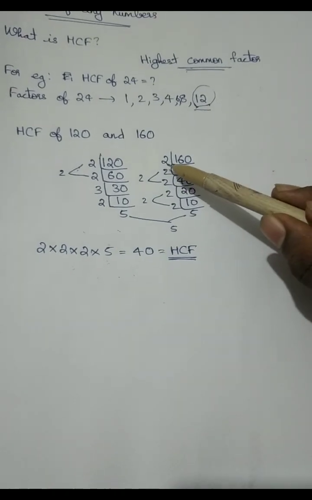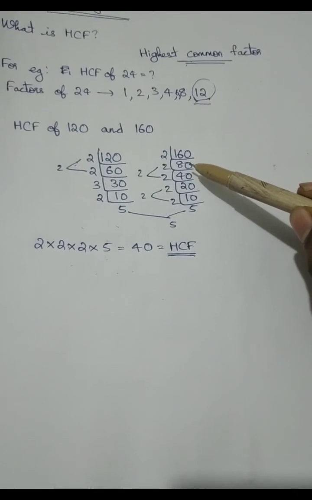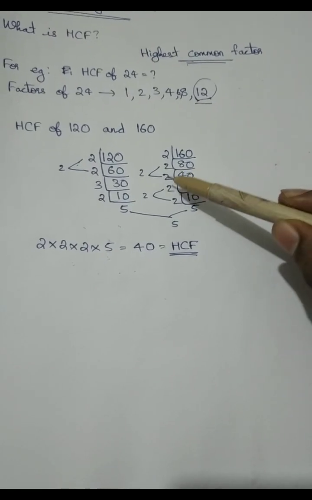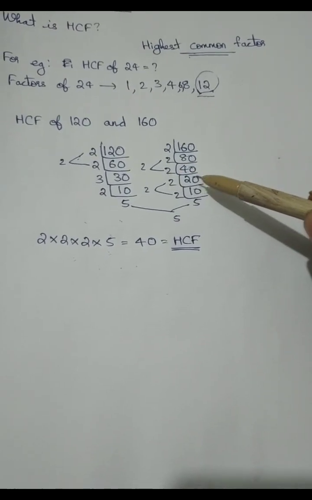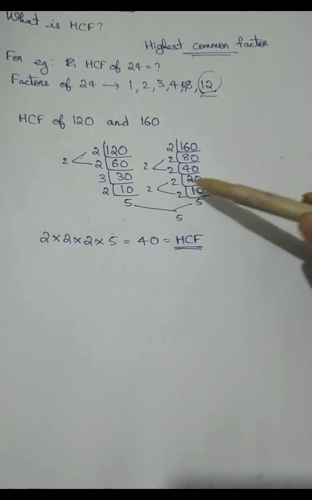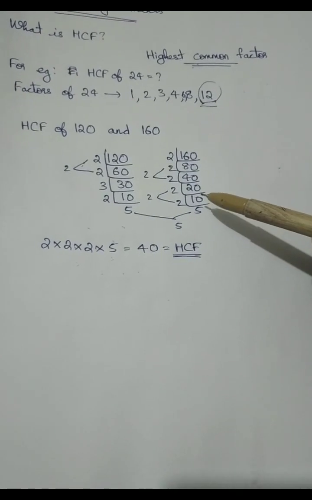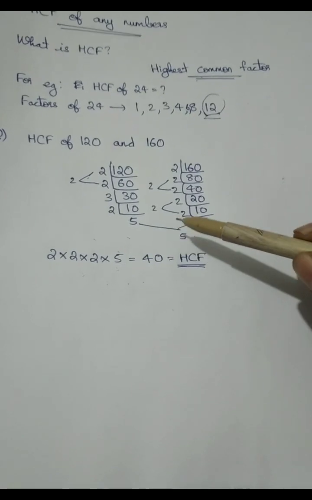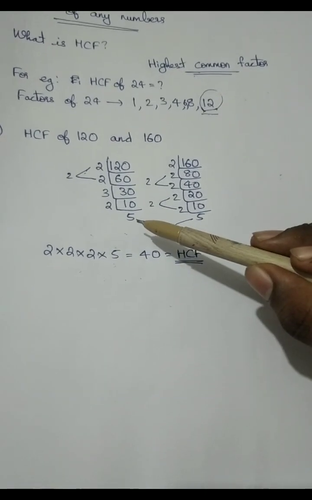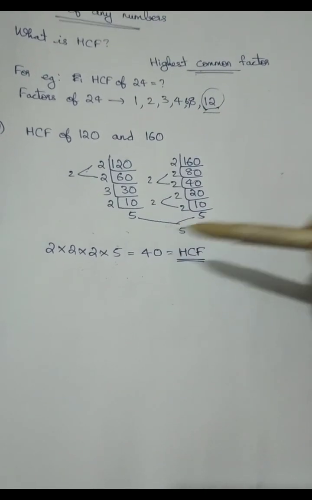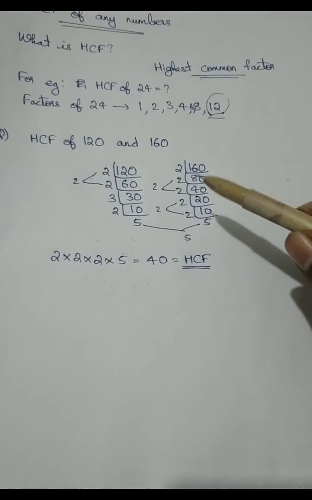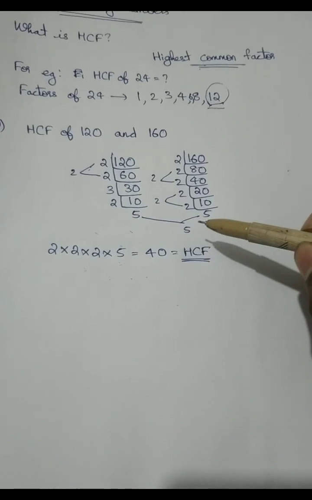160 when divided by 2 would give 80, and when 80 is divided by 2 again, we would get 40. 40 divided by 2 gives 20, 20 divided by 2 gives 10, and 10 divided by 2 gives 5. We stop the prime factorization at 5 because 5 is a prime number, and we should take the common factors in every step.